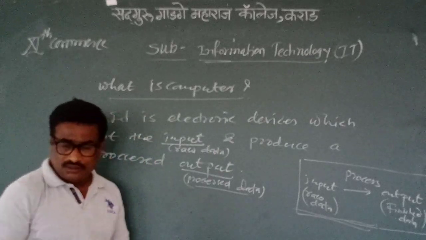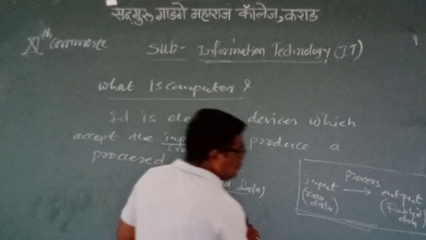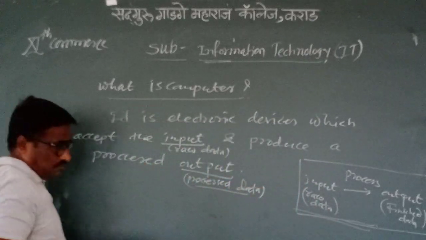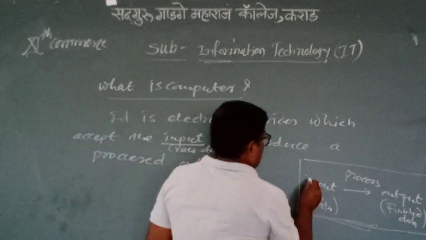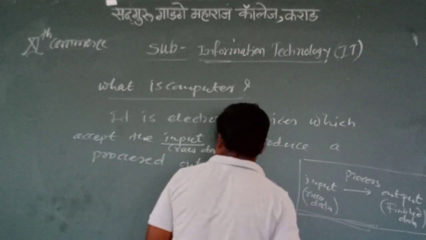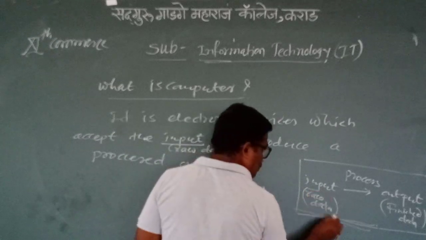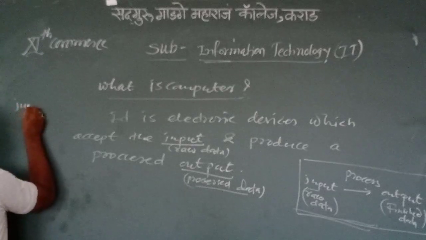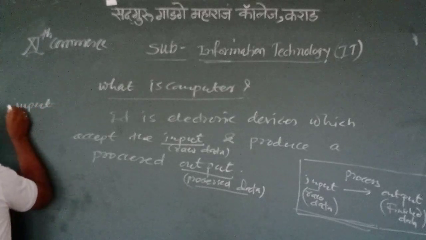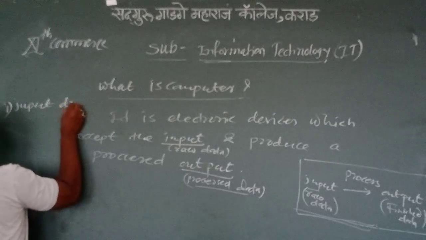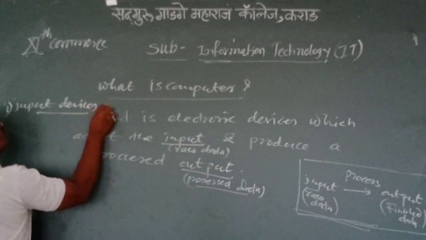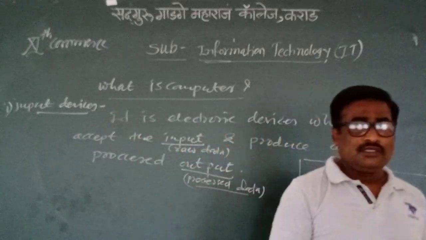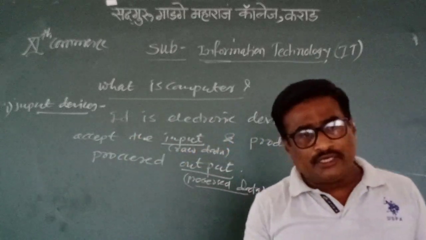One by one we have to see here. Here is input, here is output. Then what is input? Input devices. The data which is accepted through the input devices.